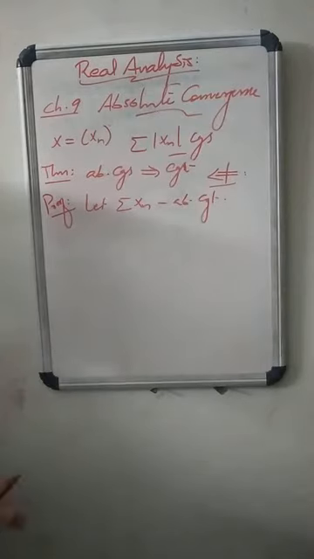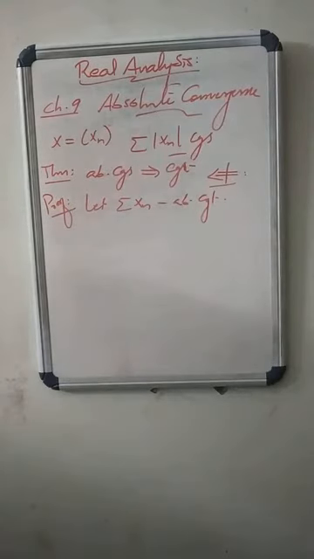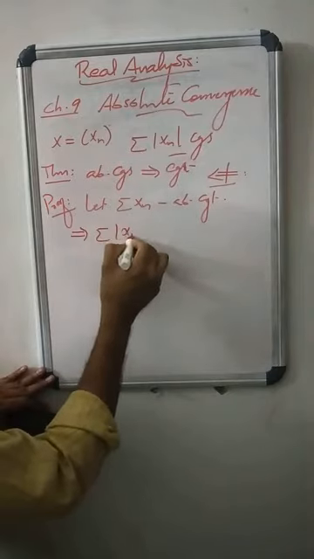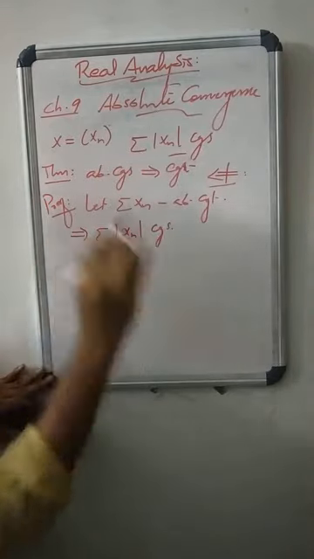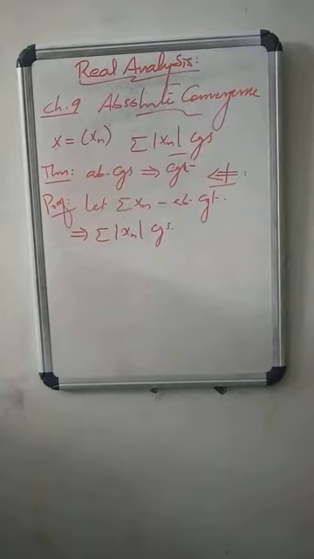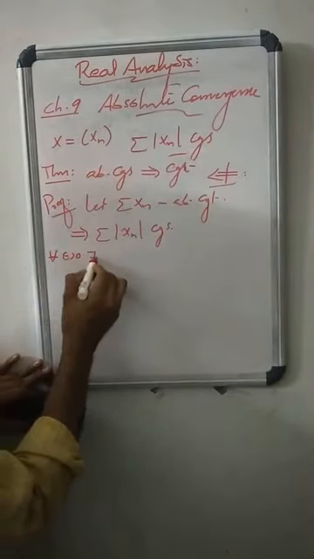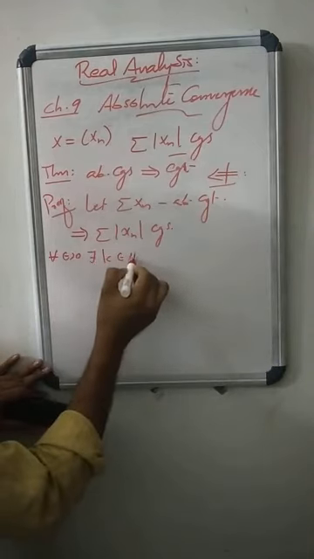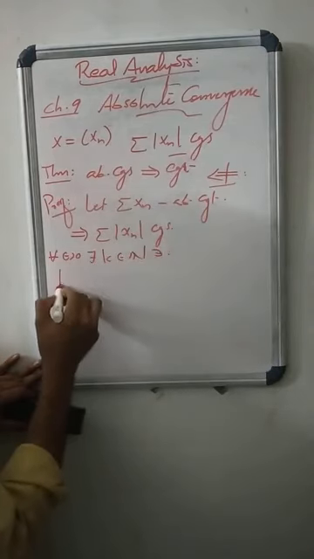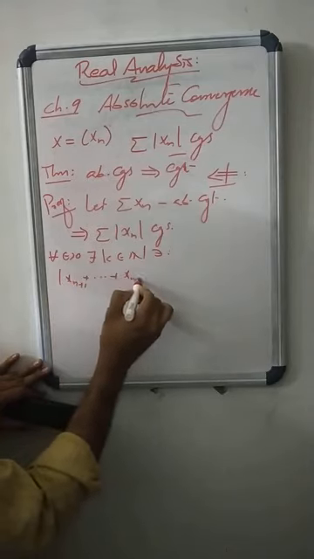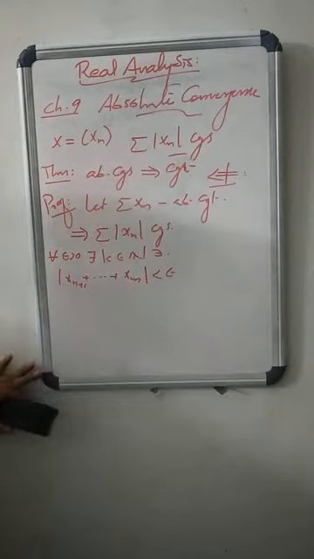Consider a series X equals (xn) of real numbers such that sigma xn converges absolutely. That means sigma mod xn converges. So by Cauchy's criterion, for all epsilon positive, there exists some k in N such that modulus of (x_{n+1} plus etc. plus xm) is strictly less than epsilon.